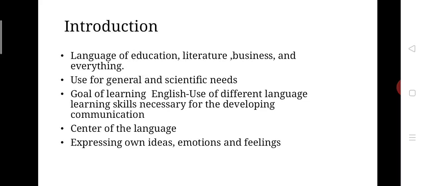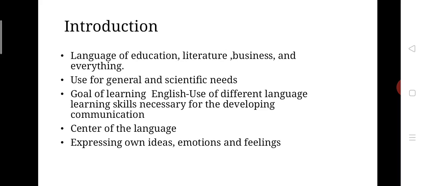See, what is the introduction of this module? We all know that English has now become the language of education, literature, business, and everything. In every sector, we have to learn or use the English language.